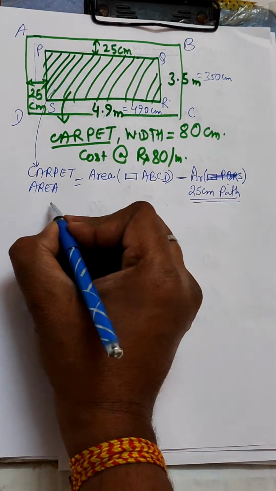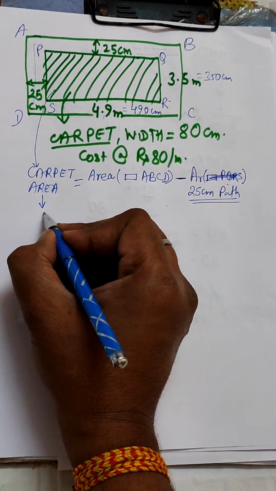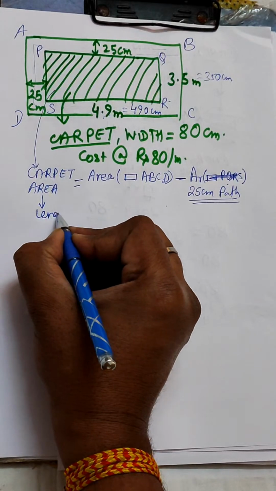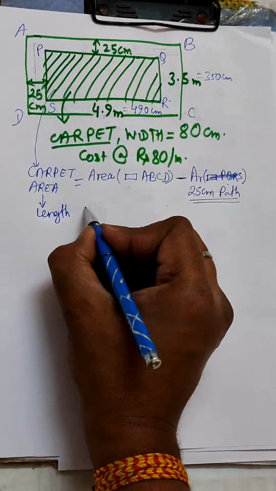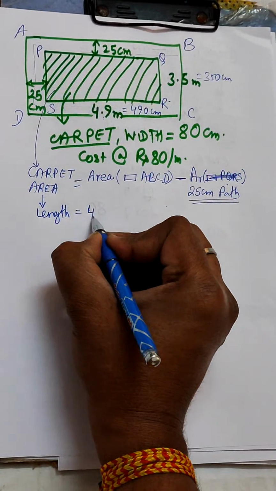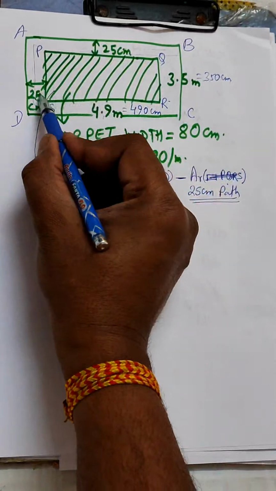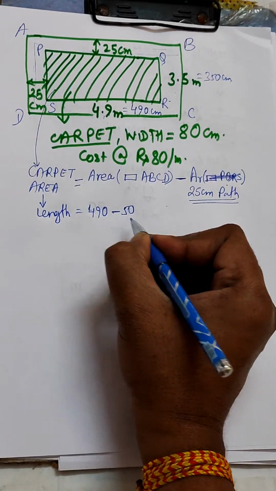So the carpet area length can be calculated as 490 minus this 25 and this 25. This will give you 50.